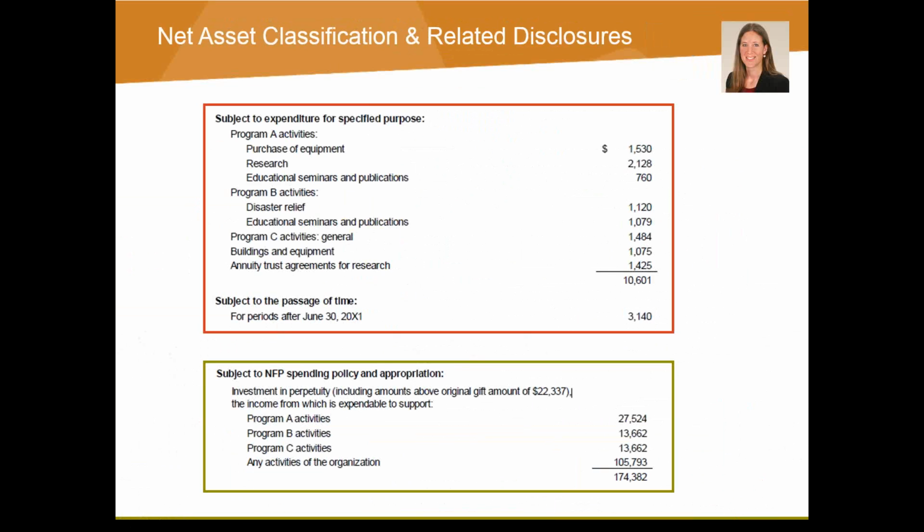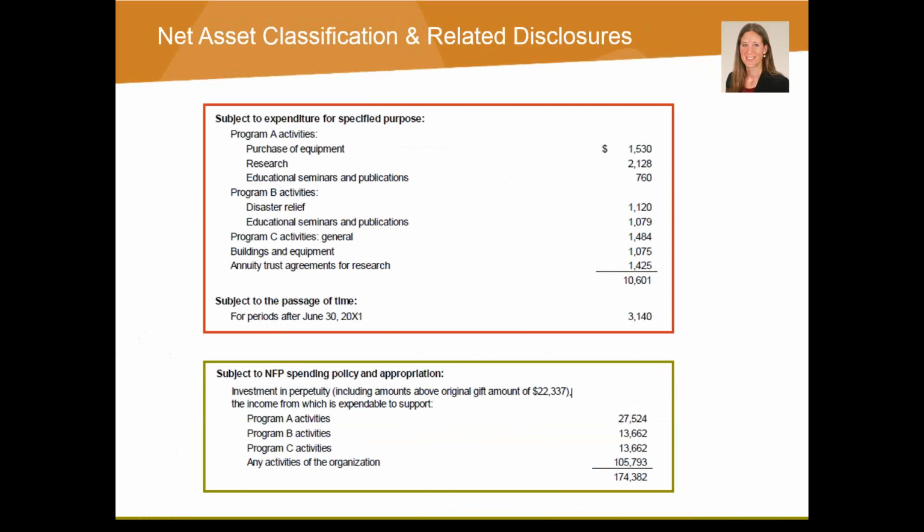The disclosure also separates out further those net assets that are just subject to the passage of time. That second screenshot on the bottom in the green box is also an example of the proposed disclosures for the nature and amount of donor restrictions related to investments that are held in perpetuity by program, available to support those specific program activities that are shown.